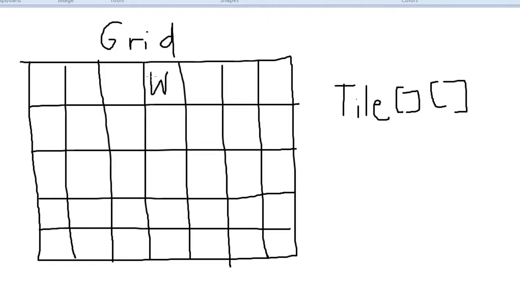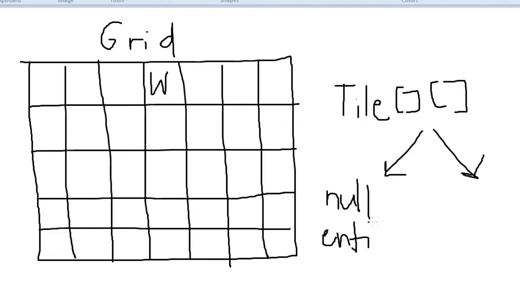My other idea is, what if instead of having a tile array solely and splitting it up from the entity component system, I have a tile array with blank areas, like a null value for entities? I'm writing with a mouse, so bear with me. And maybe some information for non-entities.